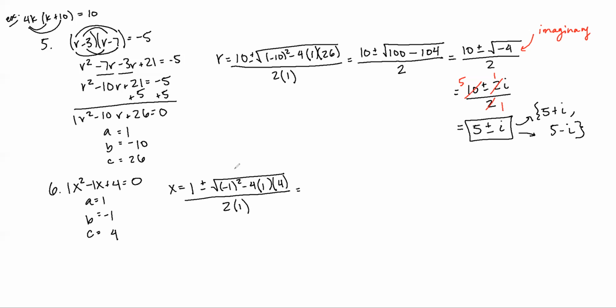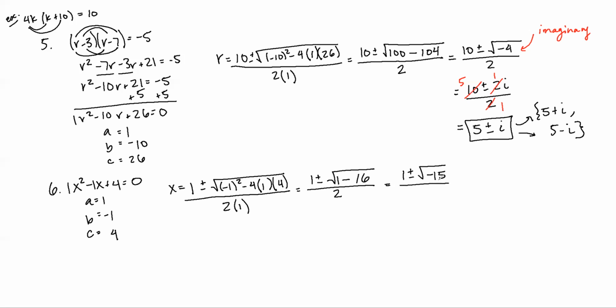Now, simplifying a little bit, we have 1 plus or minus the square root of -1 squared is 1. Now we have a single negative, so it'll be minus 4 times 4 is 16, all over 2. Now, on the inside here, 1 minus 16 is -15.